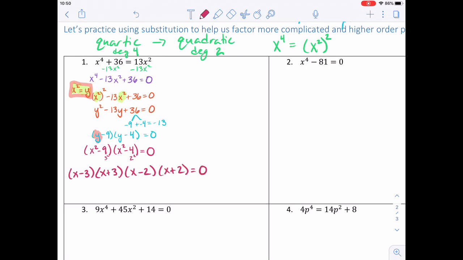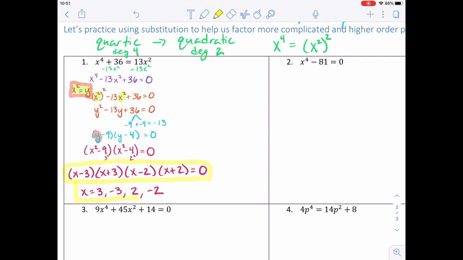How many solutions are we going to get for this degree 4? We're going to get 4, right? In fact, we get 4 really nice integer solutions because all of the terms in our factors are linear. When we split this up, we get 3, negative 3, positive 2, and negative 2.